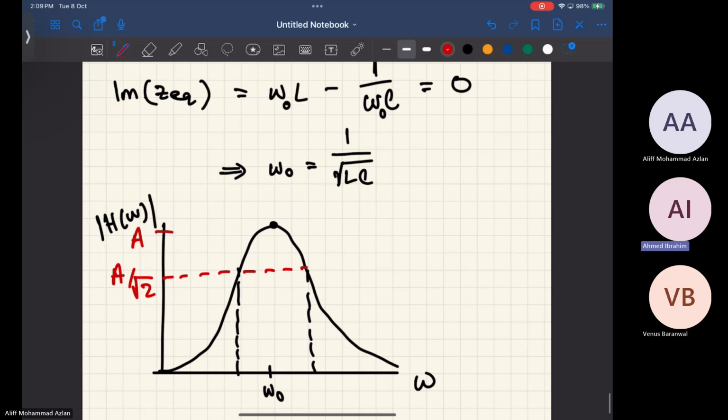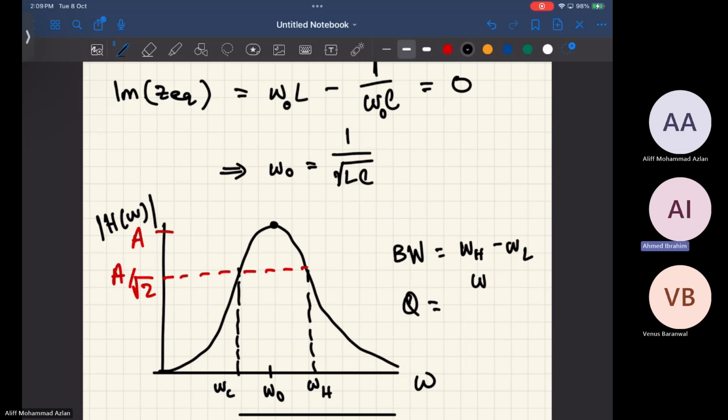And then the bandwidth, so we can call the half power frequencies omega H and omega L. And then the bandwidth is just the difference. And we also define something called quality factor, which is the resonant frequency divided by the bandwidth.